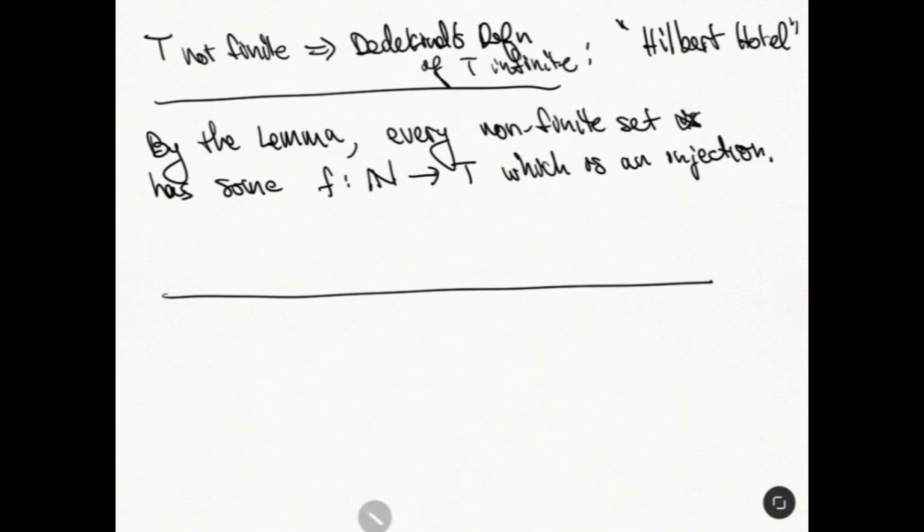Here is this whole thing, this line is maybe T, and then what I've drawn here is f1, f2, f3, f4, and so on. What I'm going to do is make a bijection from T to itself.